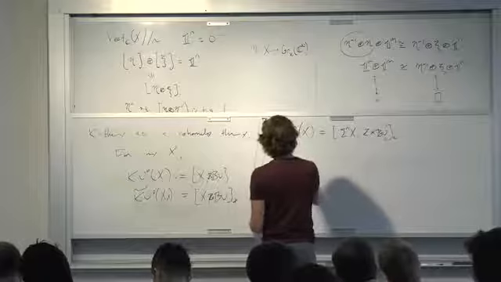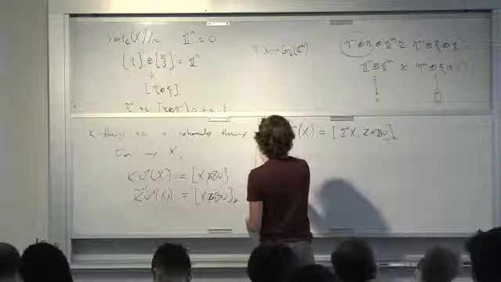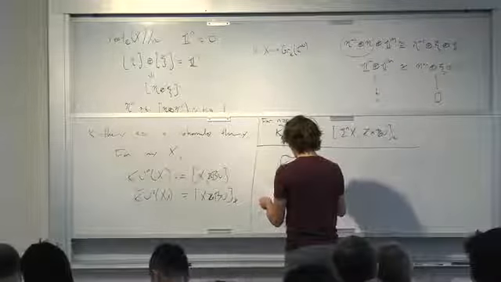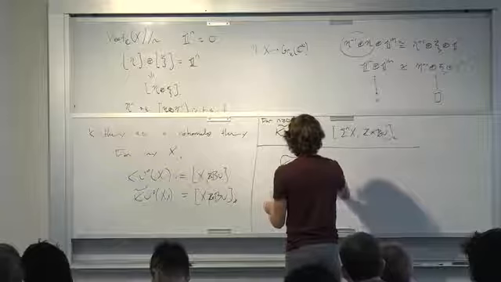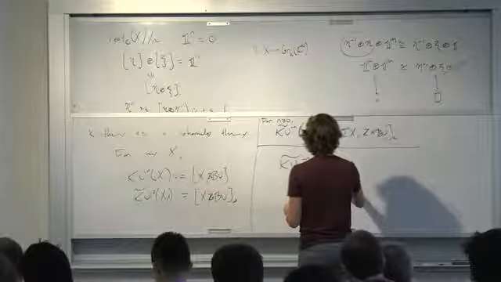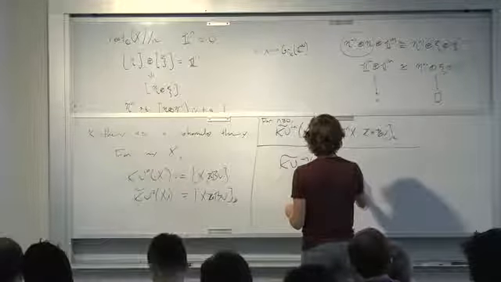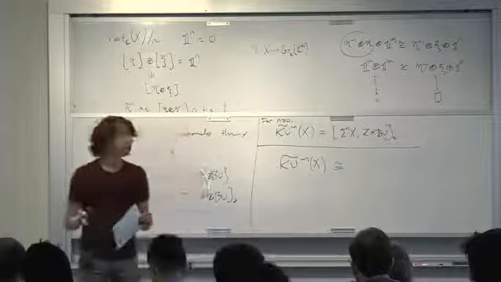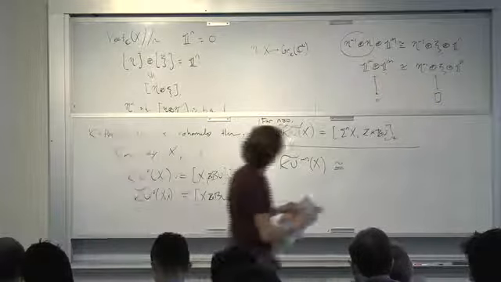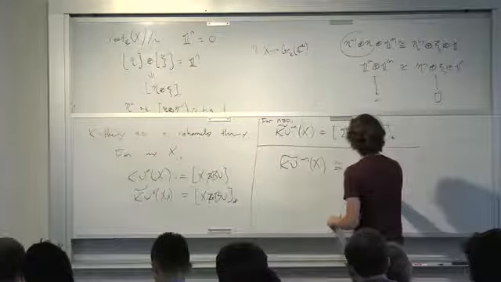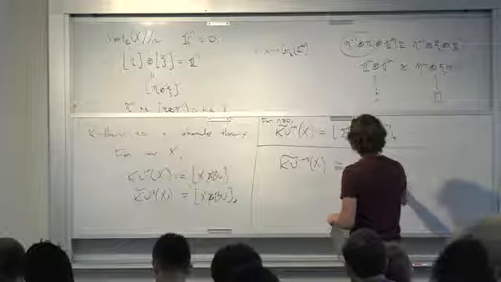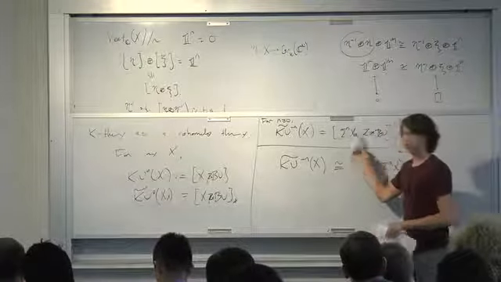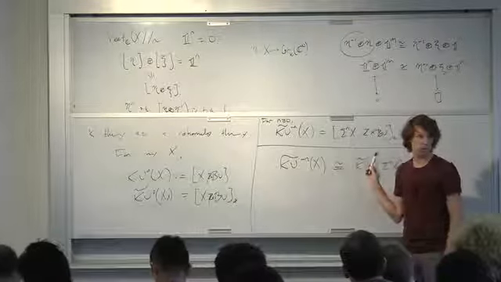Okay, so now I'm going to make an observation. So what is KU? And now we start to see some fun. So what is KU minus n? On the one hand, this is KU 0 of the n-fold suspension of X. There's also a standard adjunction I could play around with here.